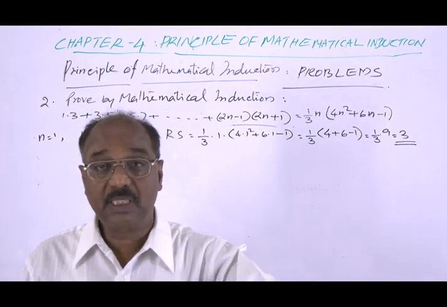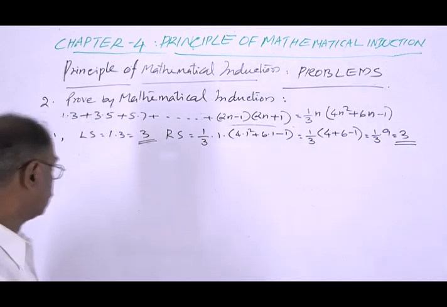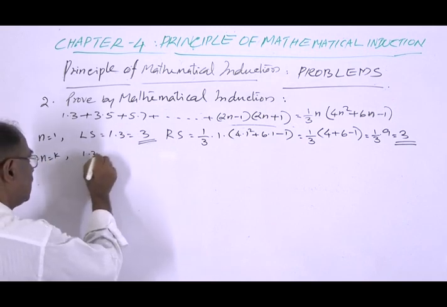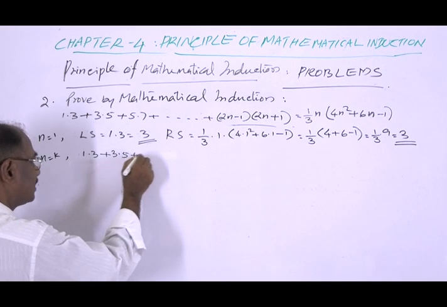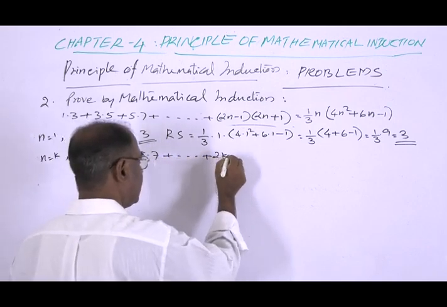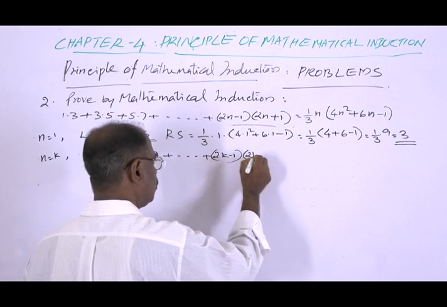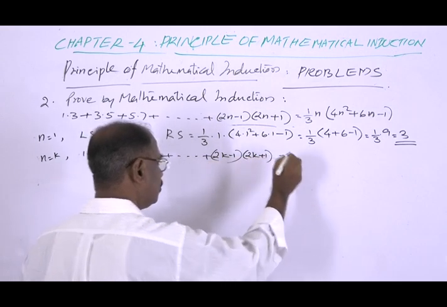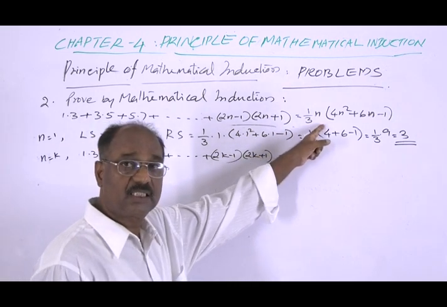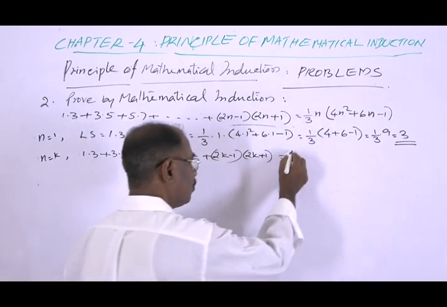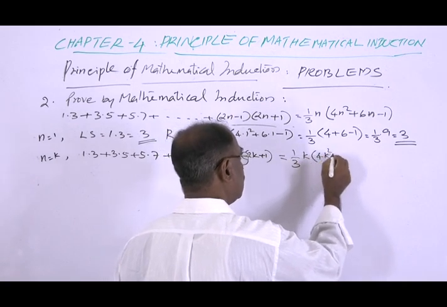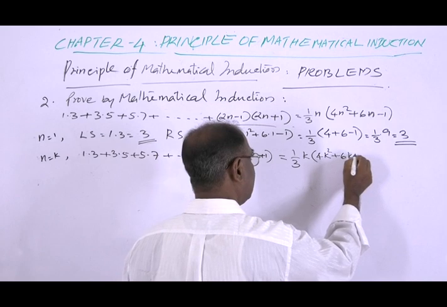Now assume the result is true for n equal to k. So for n equal to k, we have 1 into 3 plus 3 into 5 plus 5 into 7 plus etc. plus (2k minus 1) into (2k plus 1) equal to, we can write this in this form, 1 by 3 into k into (4k squared plus 6k minus 1).